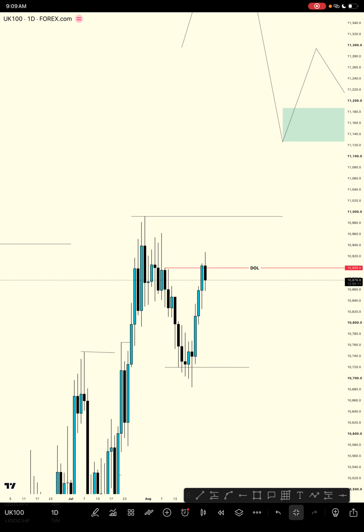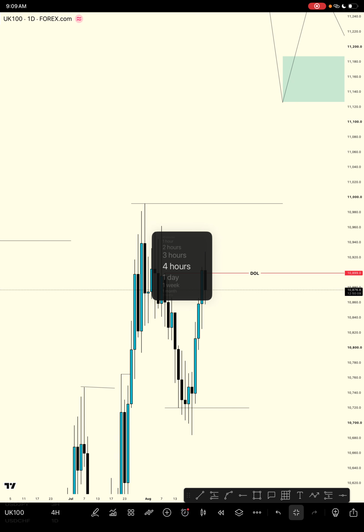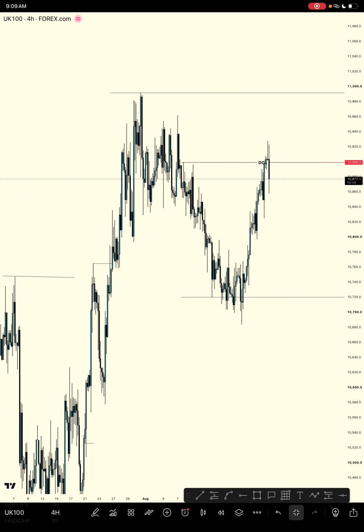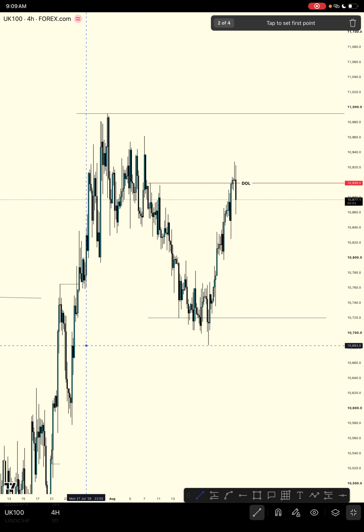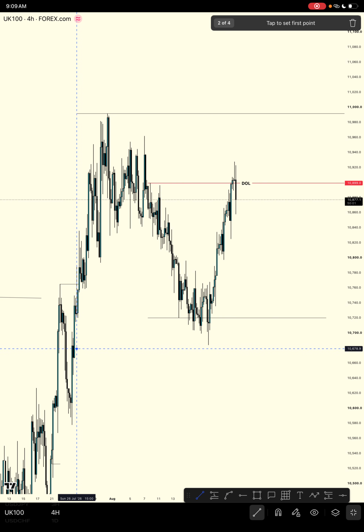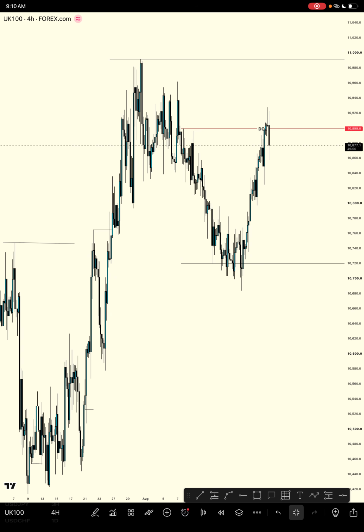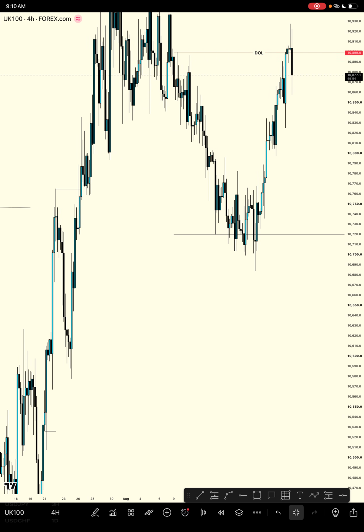So I'll quickly go to the 4-hour time frame, and looking at it, it's still in alignment with what? With this key level or this one. I want to be very, very precise about the one the market is using.